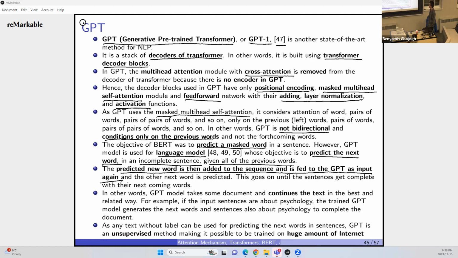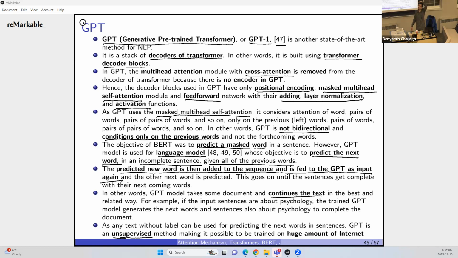In other words, a GPT model takes some document and continues the text, right? That's why if, for example, you give a paragraph to ChatGPT and say continue it, it can continue. Given this paragraph, let me generate some other text related to that. And as you see, it is still an unsupervised model. Why? For training, they can use the whole internet data.